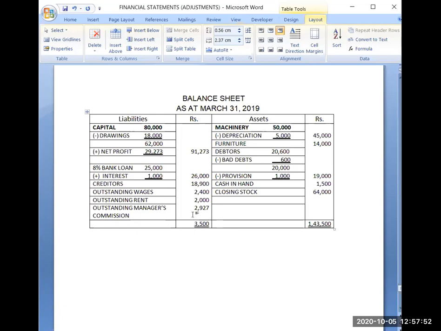This way you can check the totals are coming correct. It is 3, 7, 10, 8, 2, 10, 3, 9, 12, or 16, 9, 25. 2 is carry on, 2, 1, 3, 6, 9, 8, 17, 2, 19, 21, 23. Then 2 plus 9, 11, plus 2, 13, plus 1, 14. Now you can see that your balance sheet total is coming equal.